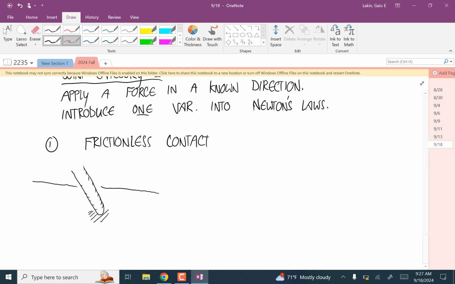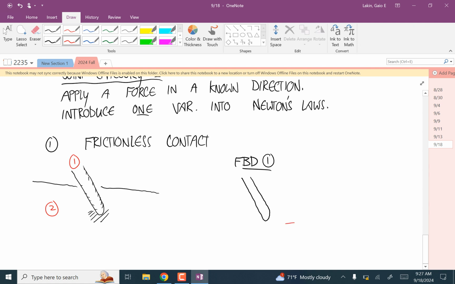I'm going to call this body 1 and the surface that it's in contact with body 2. And a free body diagram of body 1. So there's the body.